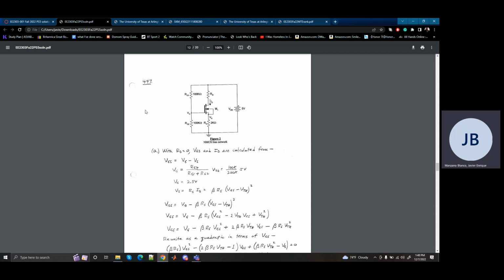If you have ID, you can do the quadratic in terms of VGS, and if you have VGS, or one of those, they're analogies. So from there, we can plug that in and solve.